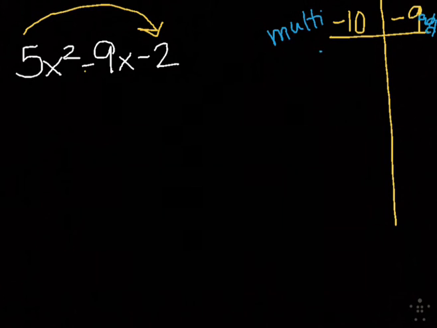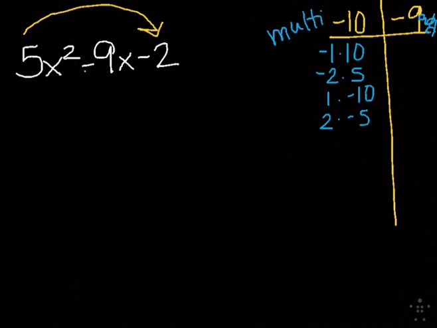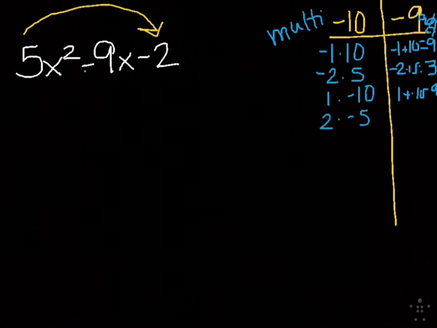So negative 10 is negative 1 times 10, negative 2 times 5, 1 times negative 10, 2 times negative 5. Negative 1 plus 10 is positive 9, so that doesn't work. Negative 2 plus 5 is positive 3, that doesn't work. 1 plus negative 10 equals negative 9, so that is what I want.